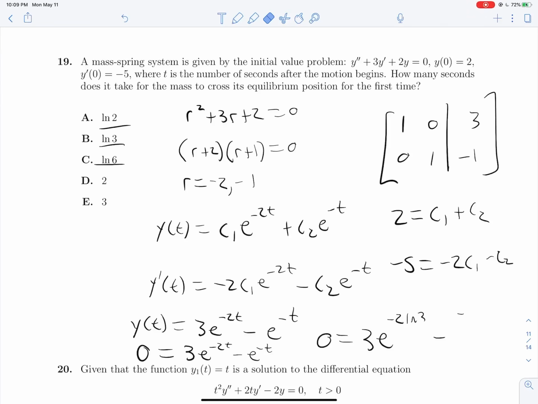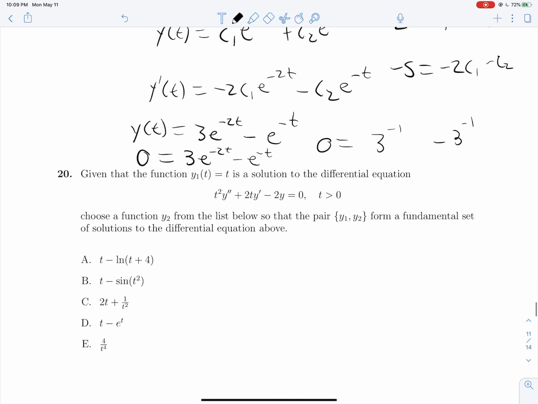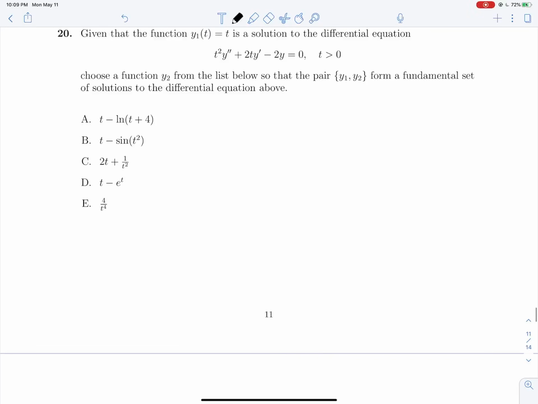We can rewrite these as 3 to the negative 1 here, and 3 times 3 to the negative 2, that's just 3 to the negative 1. Subtract 3 to the negative 1 from that, you get 0. So this guy does work perfectly. So 19 is b.